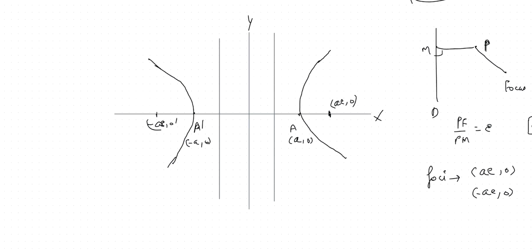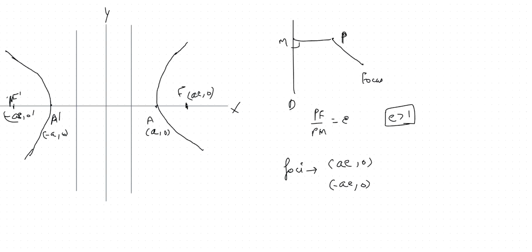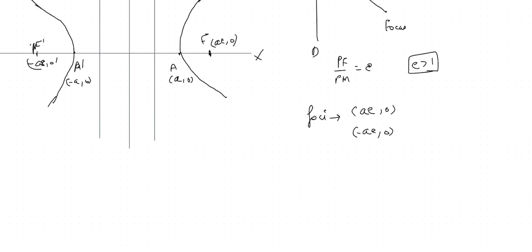That is up to you. After foci, we can also mention vertices. So vertices are a comma 0 and minus a comma 0.